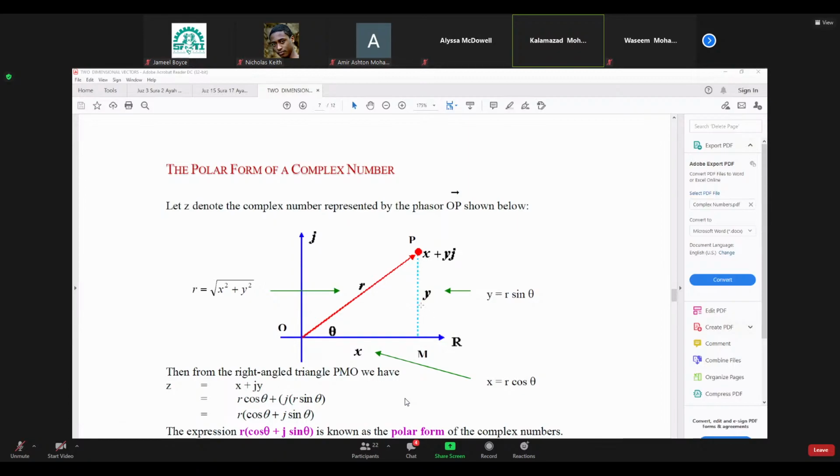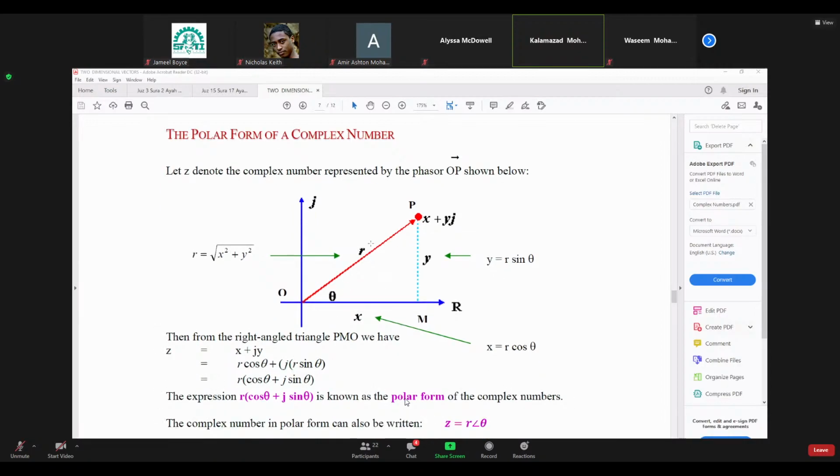And this vertical distance y here is simply r sine theta. Sine theta is the opposite over the hypotenuse. So the opposite would be y, would be r sine theta, and the magnitude of r would be the square root of x squared plus y squared from Pythagoras.